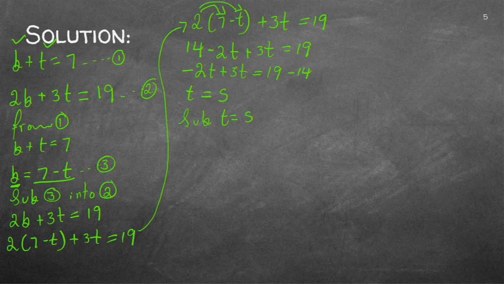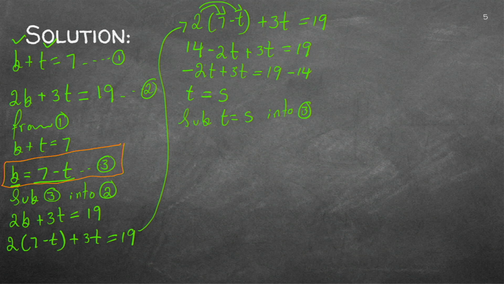So this is how you do it. You substitute it into equation number 3. So if you substitute it into equation number 3, let me highlight equation number 3 for you. So this is equation 3, and let me just write it for you here.